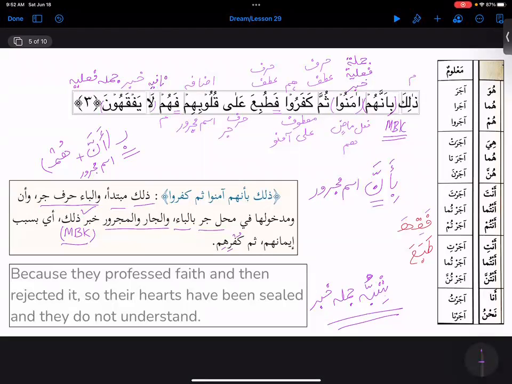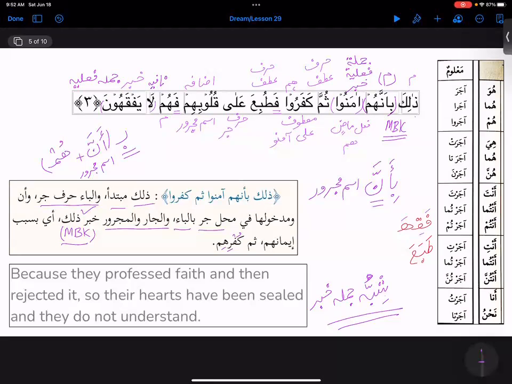Otherwise, what other label can we give it? Dhalika mubtada, bi annahum another mubtada, right? If we do not take this ba as a harfu jar, then we say inna, anna, ka anna, bi anna, li anna, right? We were saying that they were harfu nasab. So in this case, we can call it another mubtada. So we have two mubtadas over here.